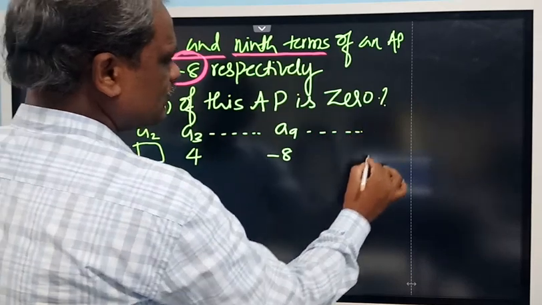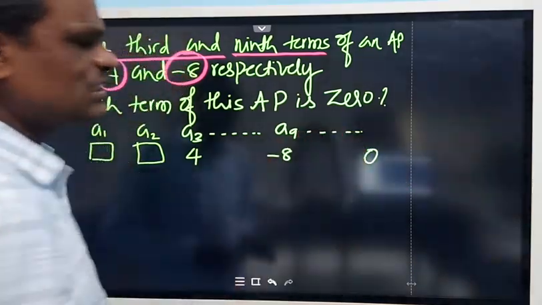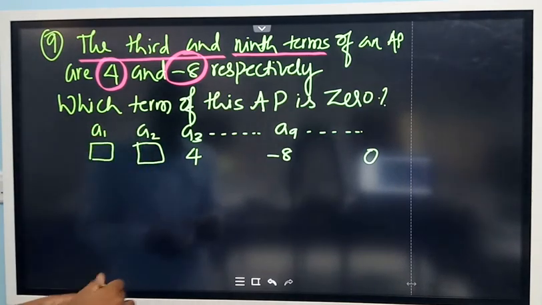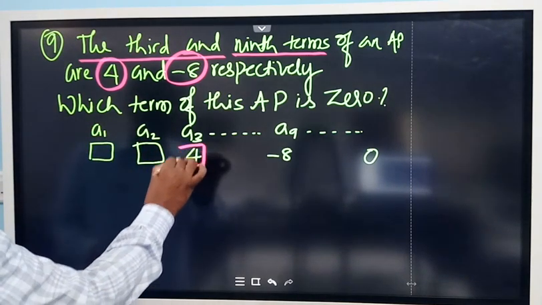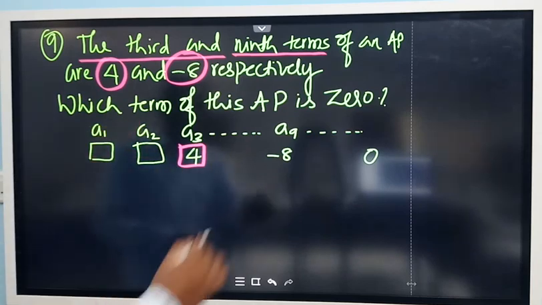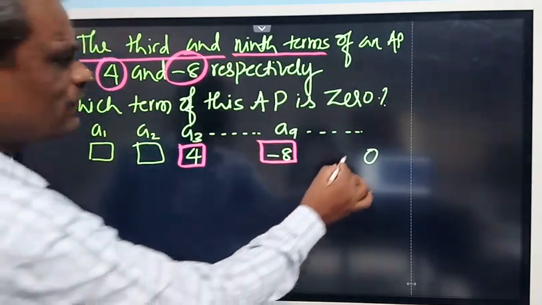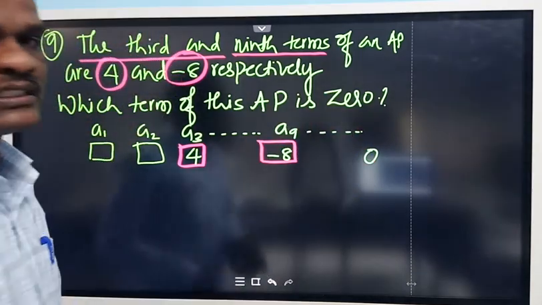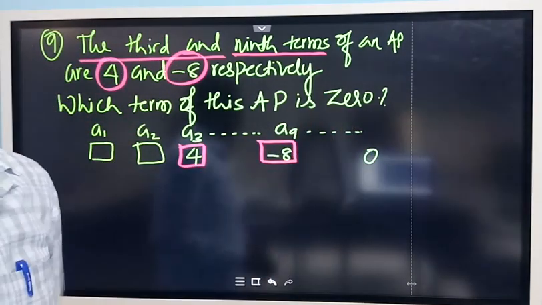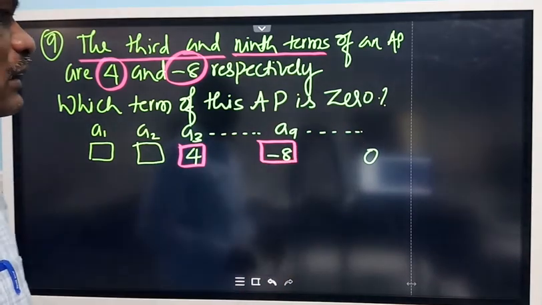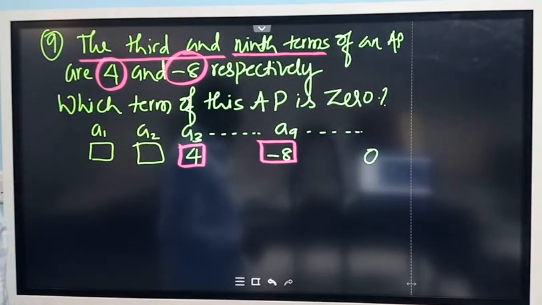Here we have to find out which term of this AP is 0. First term we do not know, second term we do not know, the third term we know, that is 4, and the ninth term is given, that is minus 8. We need to find where 0 is found in the list, what is the place of 0 in that arithmetic progression.